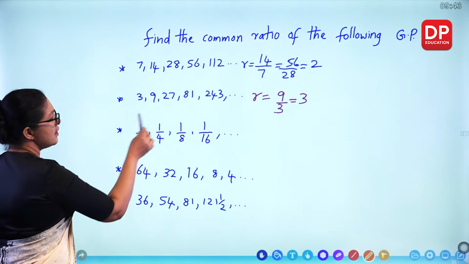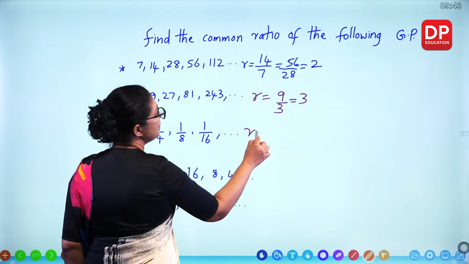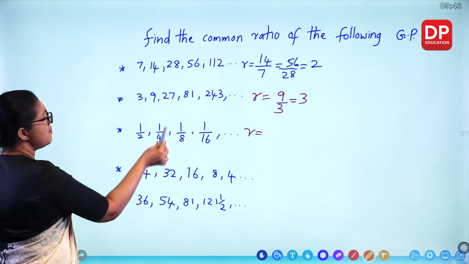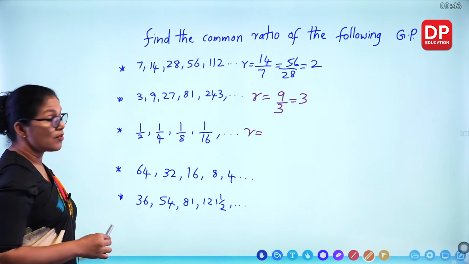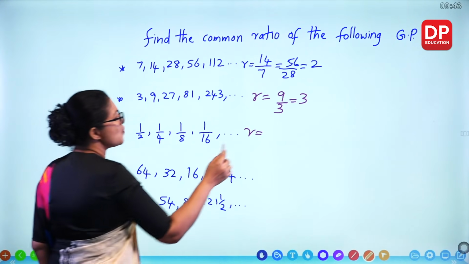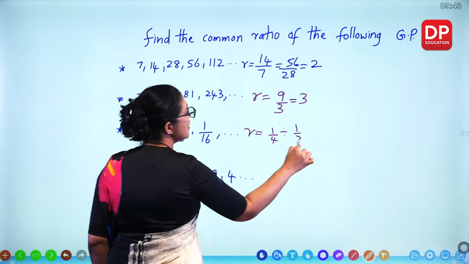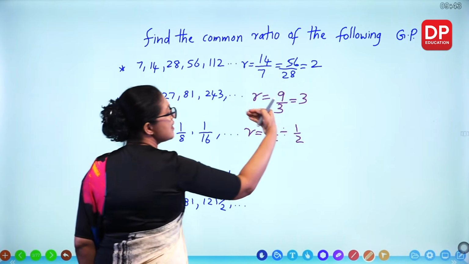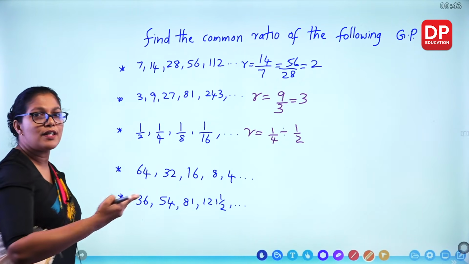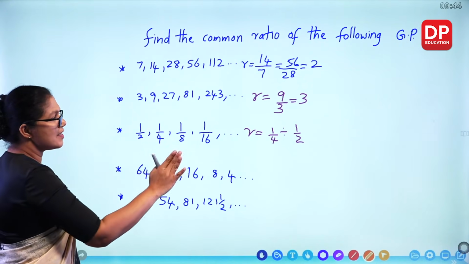This one, find any term, divide by its previous term. So here, I'll write this way. 1 over 4 divided by half. Rather than writing two fractions in the numerator and the denominator, I'll write this way.